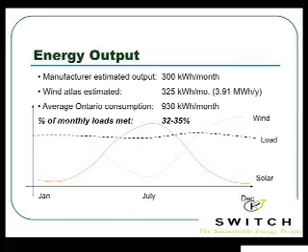So if we look at what the manufacturer estimates at 300 kilowatt hours a month, in the Wind Atlas, they do their calculation a little bit differently, pretty much the same. It's about 325 kilowatt hours a month. Maybe.